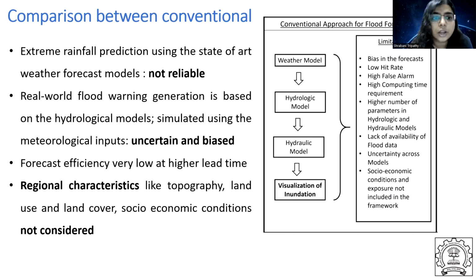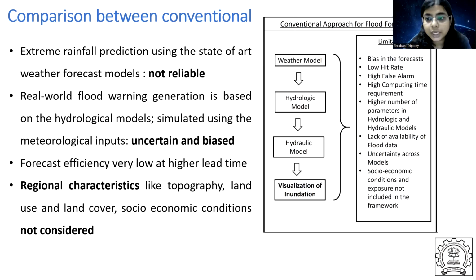However, the state-of-the-art weather forecast models are often associated with a huge amount of biases and uncertainty, which makes the forecast unreliable, as it has a very low hit rate and high false alarms, and the forecast efficiency gets lower with high lead time.